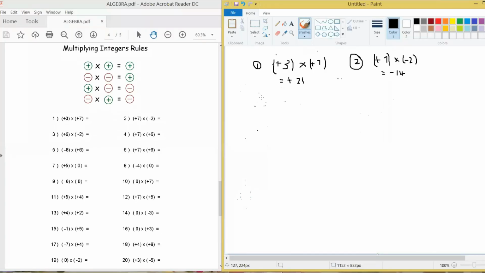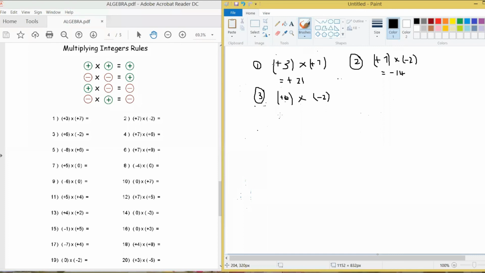I can go ahead and work number 3 for the students who are still confused. I have positive 6 multiply by negative 2. Oh my, do excuse my bracket, it went all the way there. Let me just erase it one time.